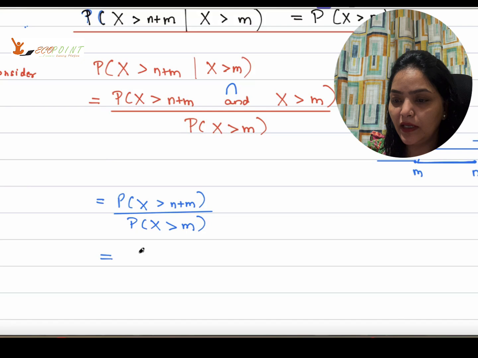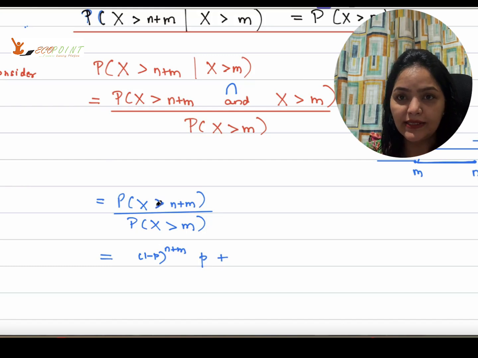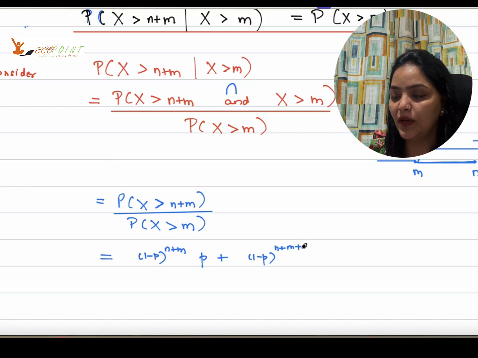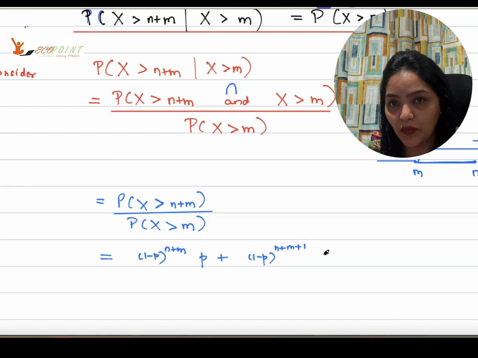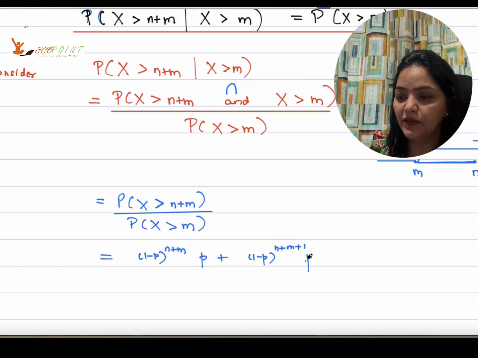So this would mean the probability of tail n plus m number of times, that is (1 minus p) to the power n plus m, into p, plus, because it's greater than, you start with n plus m failures, then going ahead infinitely many times, (1 minus p) to the power n plus m plus 1. So you're getting n plus m plus 1 failures, and then you get the first head, and so on and so forth.